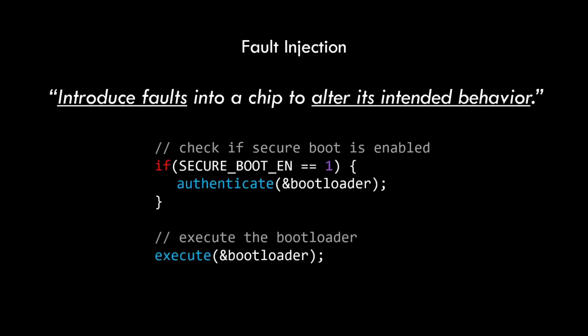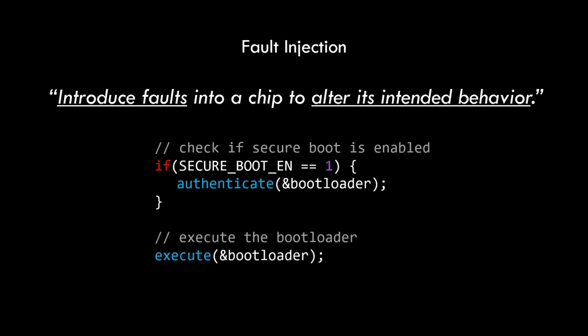And one of the things that can go differently once you introduce those faults is, for example, the following. This little code snippet is used to enable or disable secure boot. So if the secure boot flag is set to 1, the bootloader is authenticated, and otherwise it is not authenticated. So whenever we make a modification to the bootloader, which is, for example, stored in external flash, and secure boot is enabled, then the authentication function will detect this.